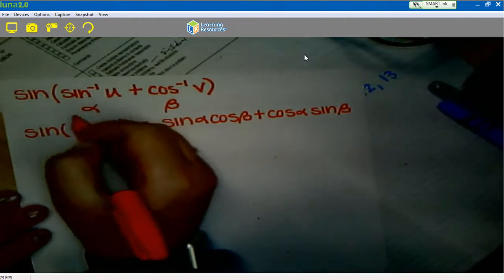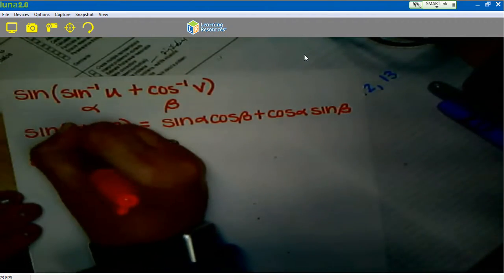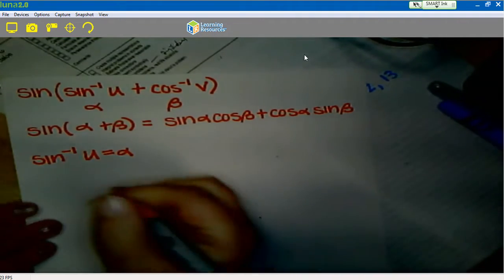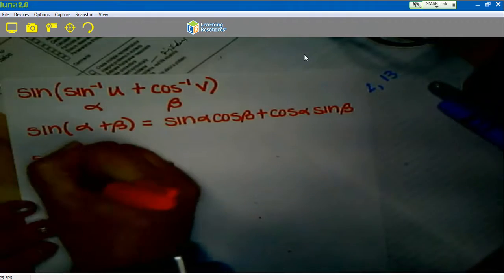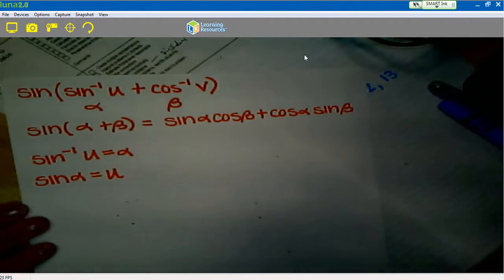So let's go back and look at alpha. We're saying that the inverse sine of u is equal to alpha. That means that the sine of alpha is equal to u. Let's talk about some restrictions here.